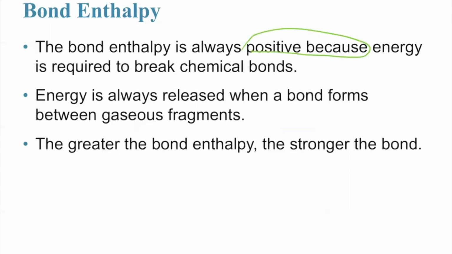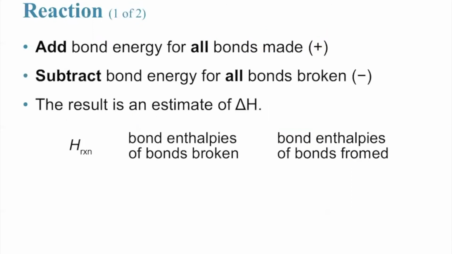The greater the bond energy, the greater the strength of the bond. To calculate delta H of a reaction, it equals the sum of the bonds broken minus the sum of the bonds formed.